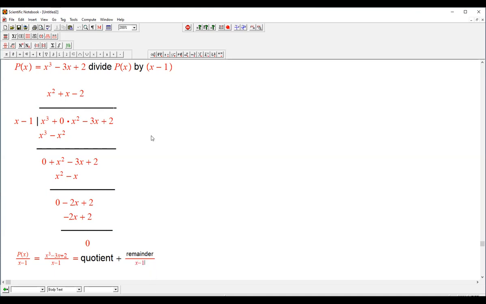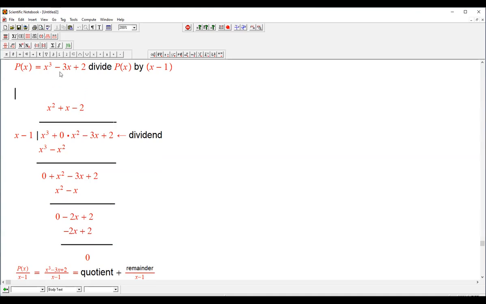In this case, what is the quotient? This piece is called the dividend. And x minus 1 is called the divisor. So where do I write divisor? I'm going to do it here.